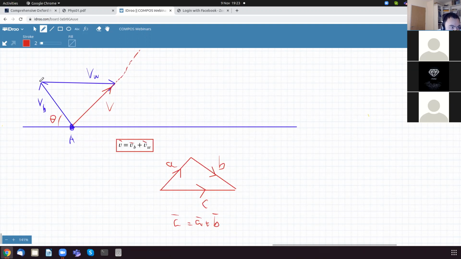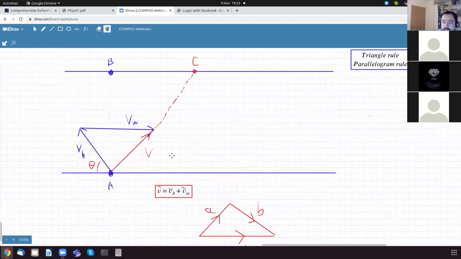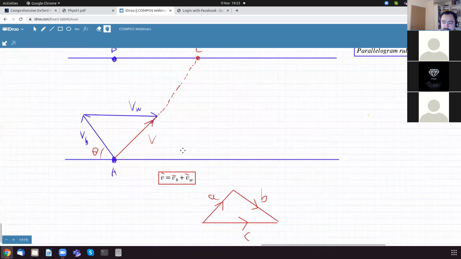So the velocity of the boat plus the velocity of the water gives you the resultant velocity. Does it clarify things a little bit, those of you who typed 0?